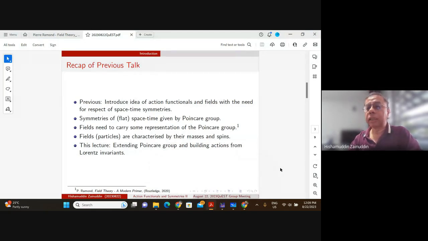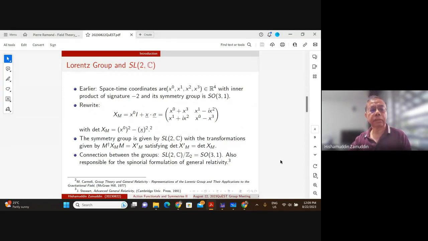Right. I did mention just now that we're going to go slightly beyond the Poincare group the way we introduced it earlier. Particularly, we will find that spin is going to come in. So how does it actually get realized from the point of view of space-time symmetries?